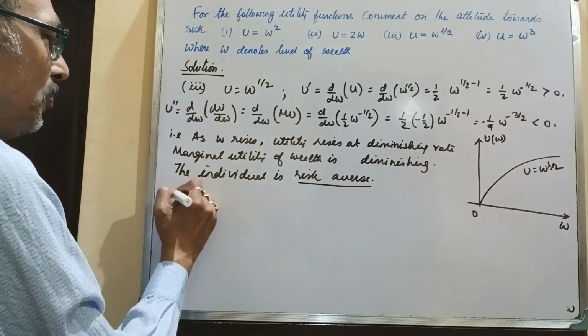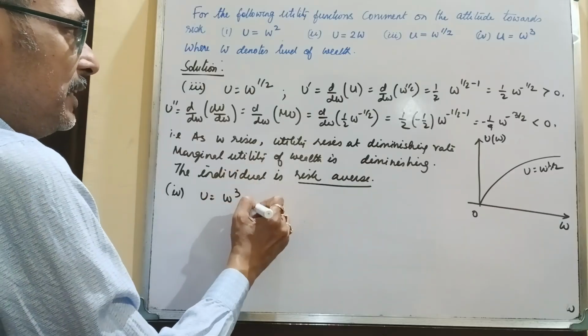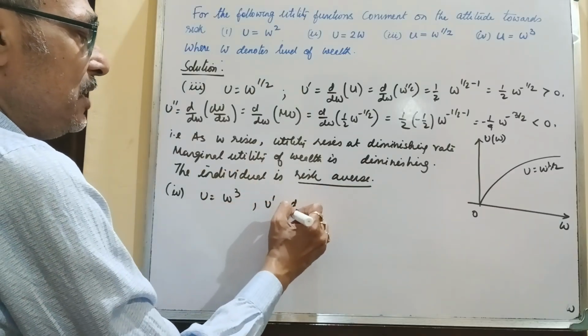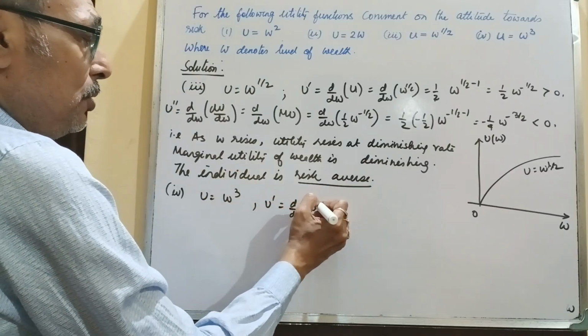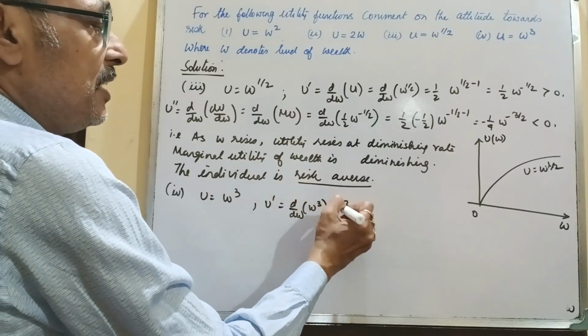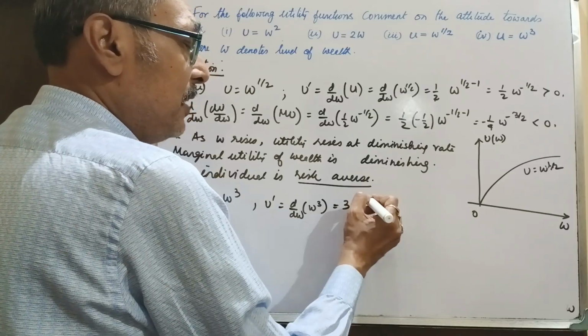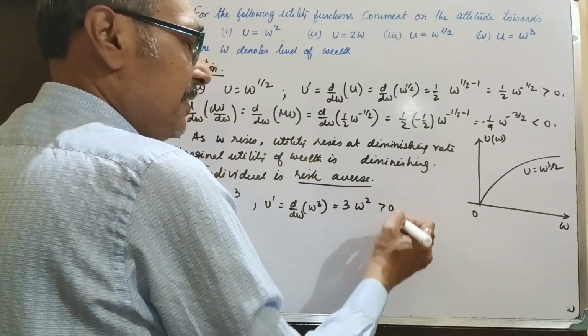Now we will do part 4, where u equals w cube. Now u prime equals d/dw of w cube. 3 comes here, w to the power 3 minus 1, that is w squared. This is positive.